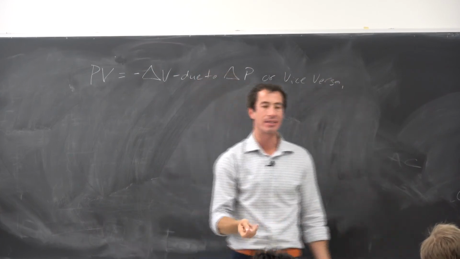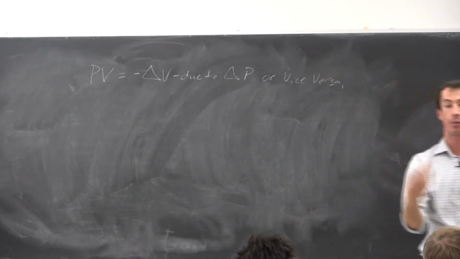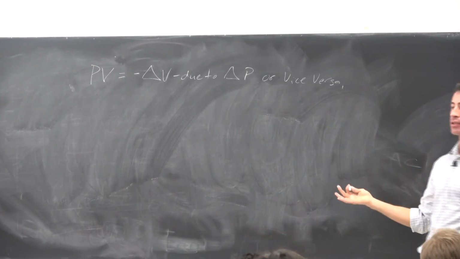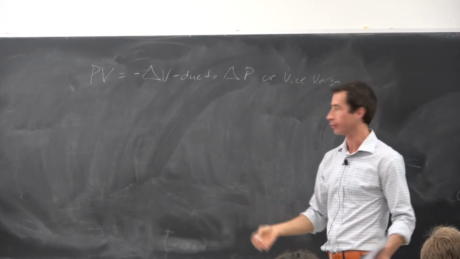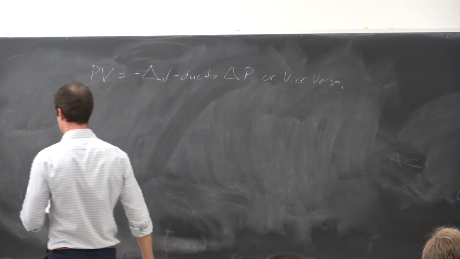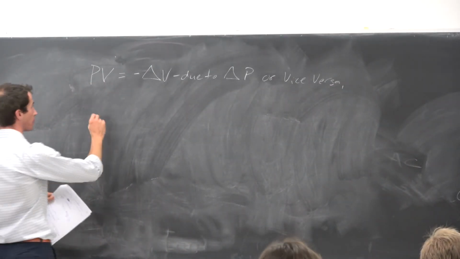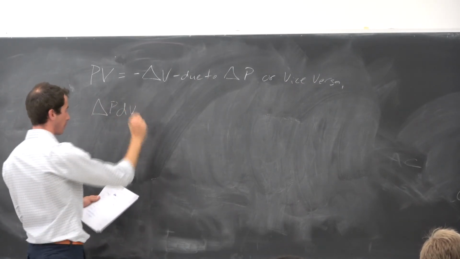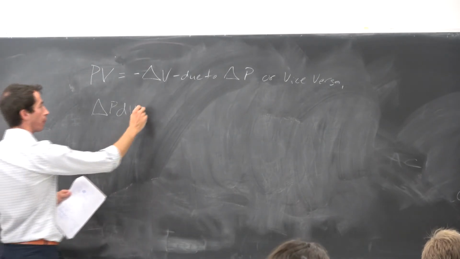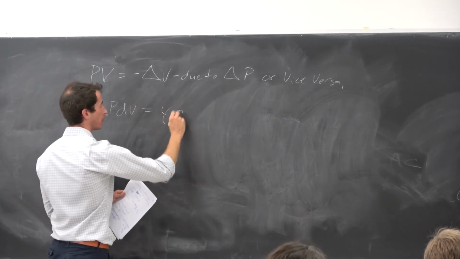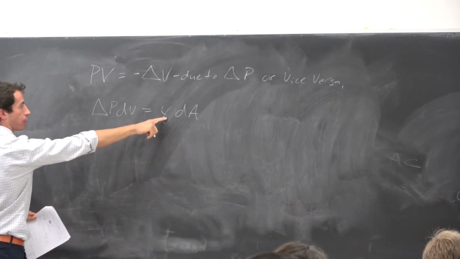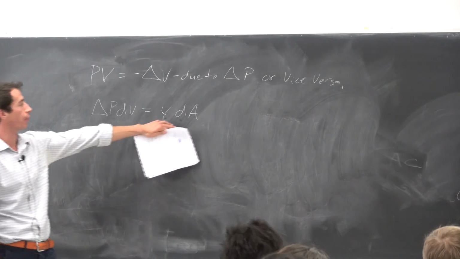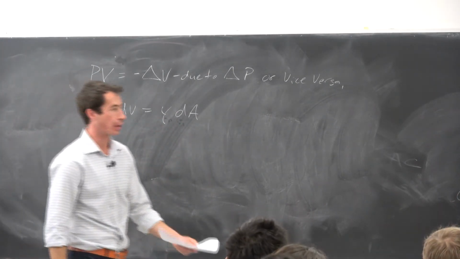What this is saying is that it's not due to some kind of change in temperature or ionic strength or concentration. Okay? So here we're going to have some kind of delta P times dV also equaling this, our surface energy times our change in area. Okay, we're just writing a different expression for this because we did one over there.